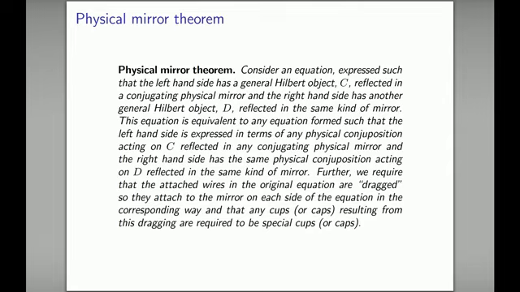They end up appearing when you apply the physical mirror theorem. That problem goes away in the second half of the book when we look at complex operations and operators and so on. I think the notation in that is more natural.